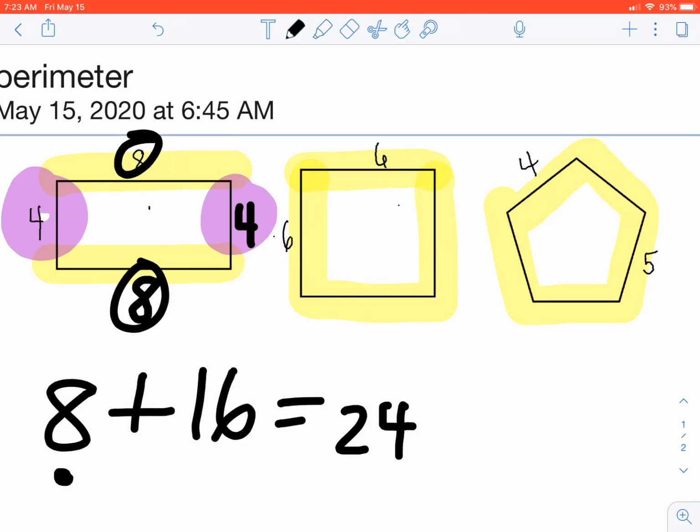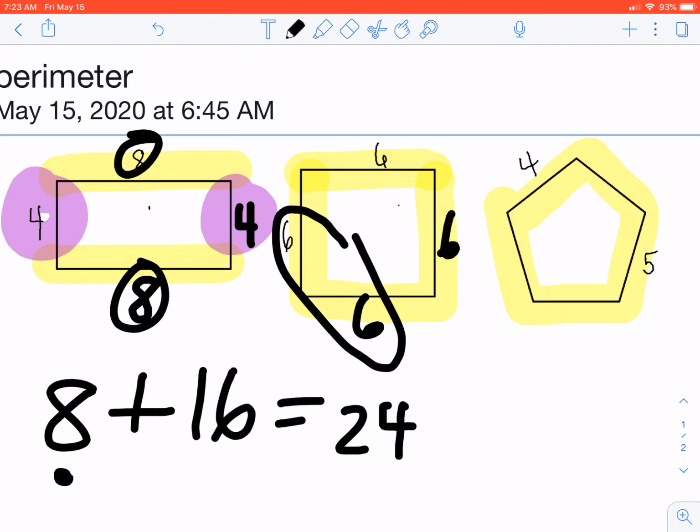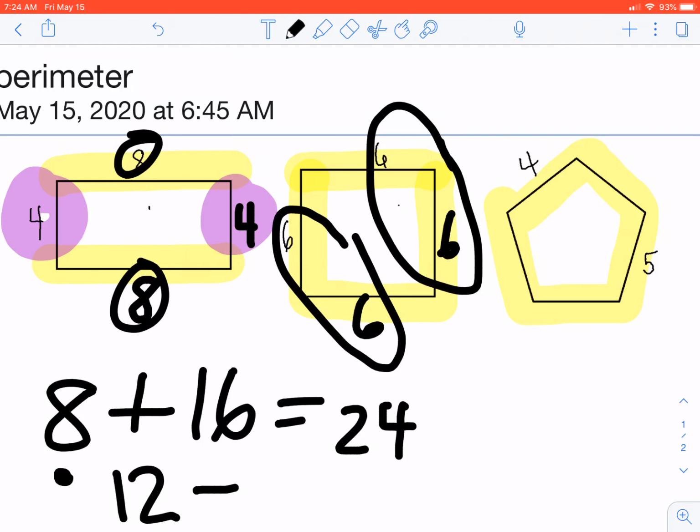So we know that all the sides will equal 6. And in this case, I would add 6 plus 6 and 6 plus 6. So I know that's 12 on each side. And I know my doubles very well. That's why we practice them all year long. And 12 plus 12 is 24.